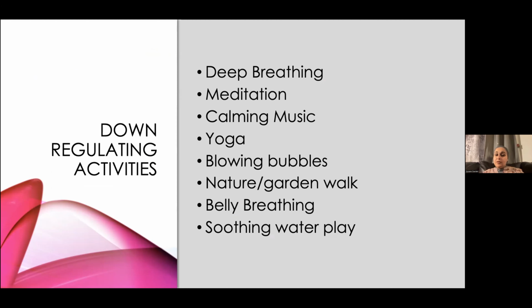Sometimes they need that swinging, depending on whether they need to be upregulated or downregulated. So I'll hold them under their arms and swing them back and forth a few times, and that motion will give them that proprioceptive feedback. They get that deep pressure under their arms from me, and they're also getting that swinging, calming, and it helps to regulate them to start.